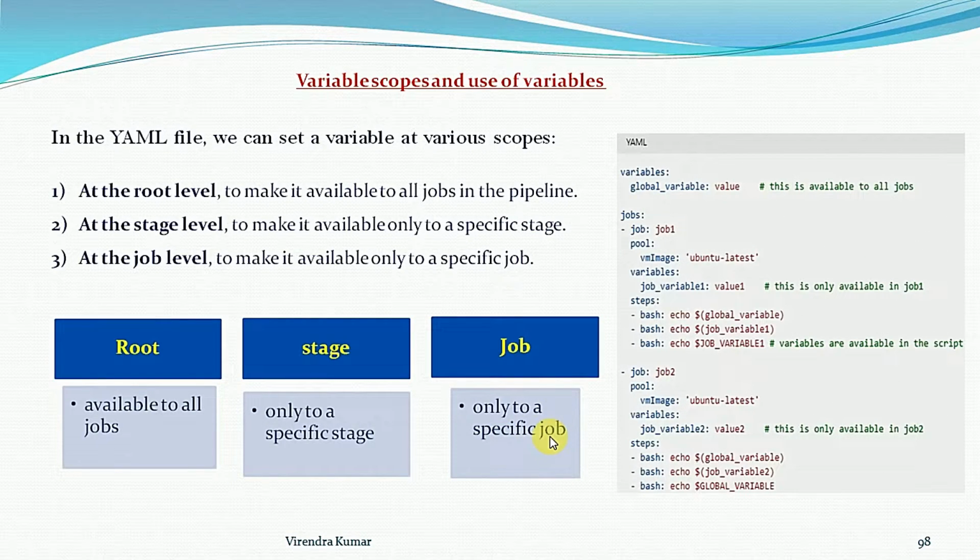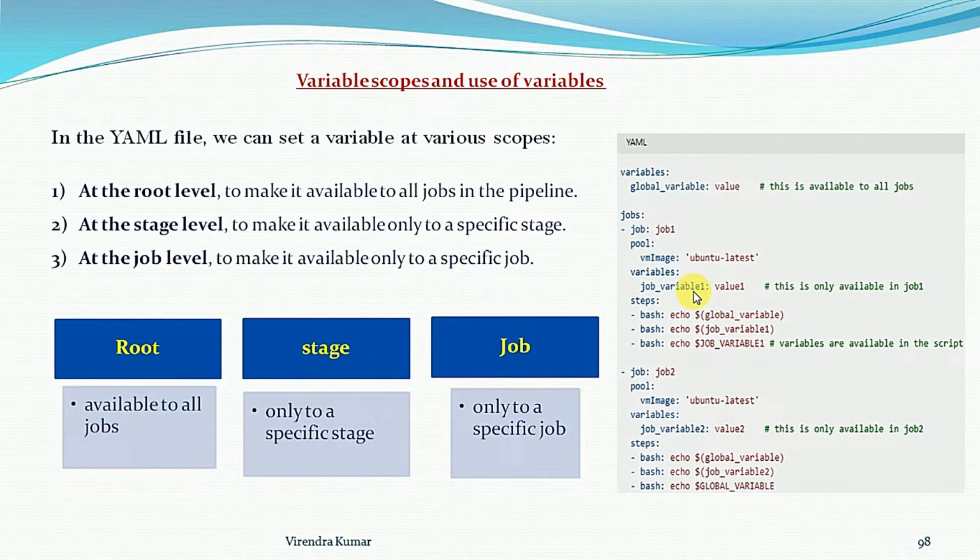Let's say in this example, you can see the variables we have defined outside the job. These are the global variables and their values. They are available to all the jobs and stages. Job 1 has its own definitions, and this variable is job variable 1.